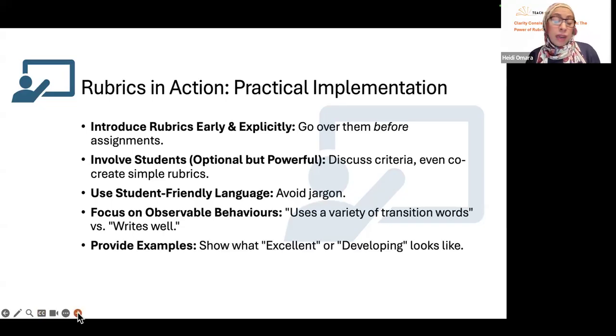Provide examples, maybe from previous years. You can show them photocopied anonymous writings. This is a writing and this is a writing. Which one do you like most? I like this. Why? Because it has good ideas, good grammar, good vocabulary. Look at the other one. No, he has a lot of mistakes. Yeah, see, look at this.